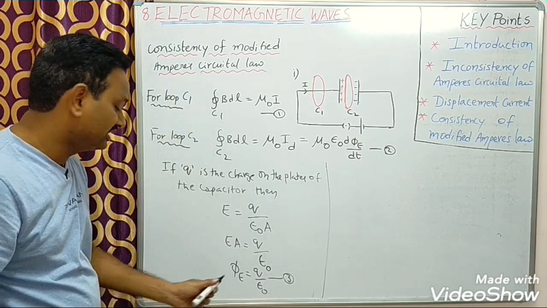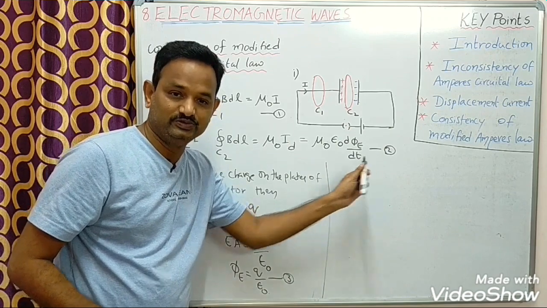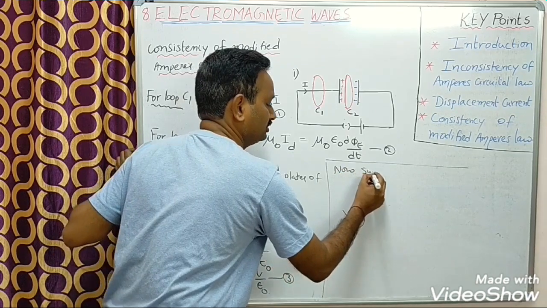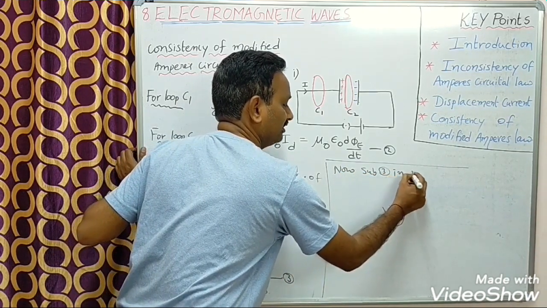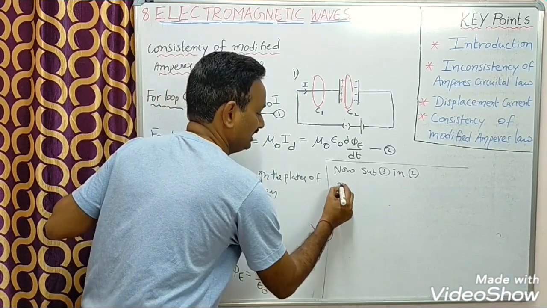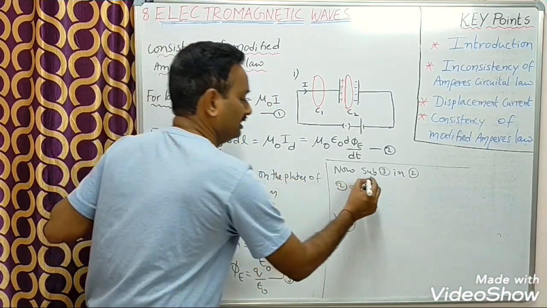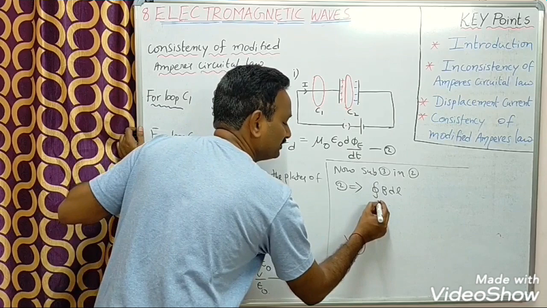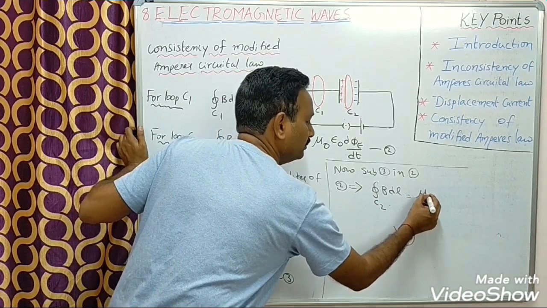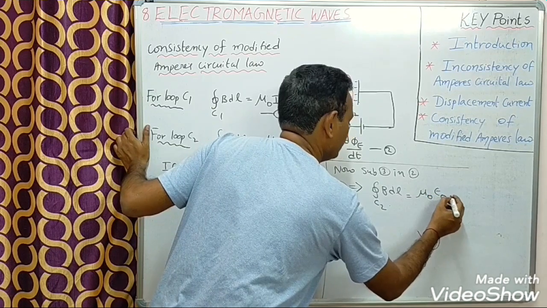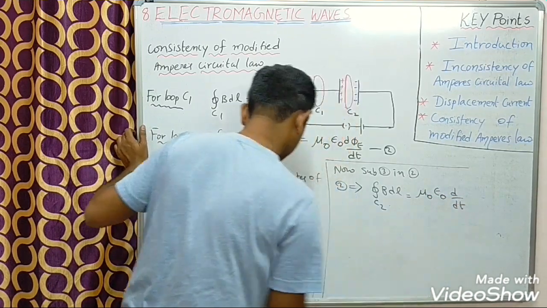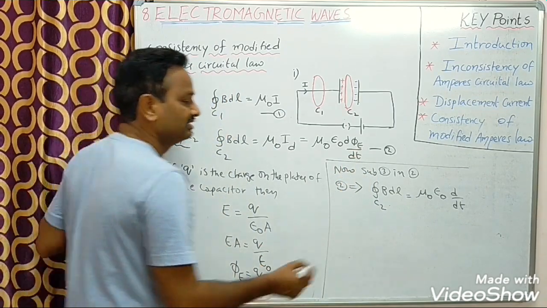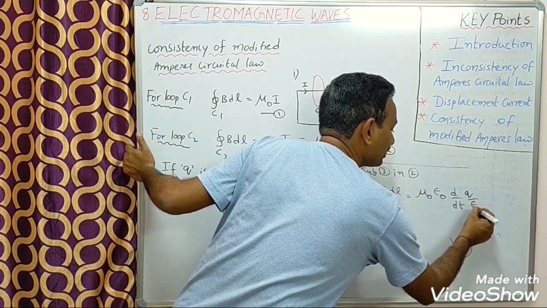Now I will substitute equation 3 in equation 2. Then equation 2 implies the line integral of magnetic field around a closed loop C2 is equal to mu naught epsilon naught d by dt. Instead of phi E, I will substitute equation 3, that is Q by epsilon naught.